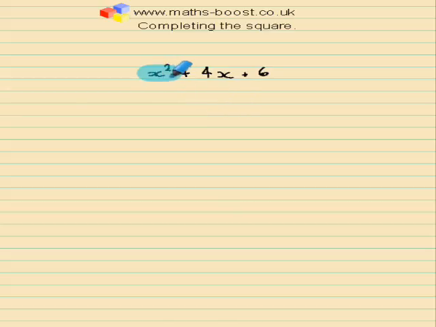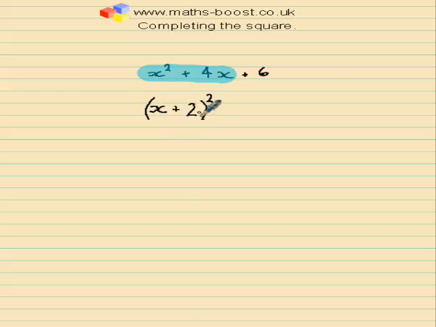Now to start with, I'm only going to look at x squared plus 4x, and then carry out the procedure just as we've done before, with x plus half of whatever is in front of the x term, and then square that.